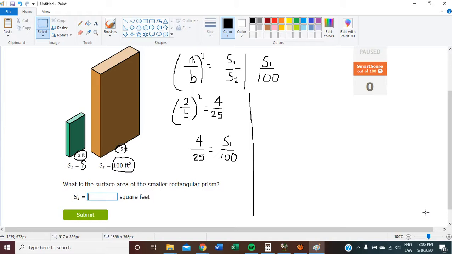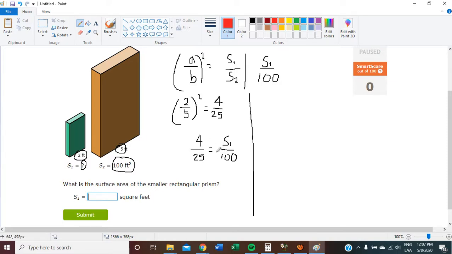Okay, I'm back. As I told you, there is a simpler way, and that's what I taught you a few months ago. What you have to do is multiply diagonally and then divide by the other number. You can multiply 100 times 4 or 4 times 100.